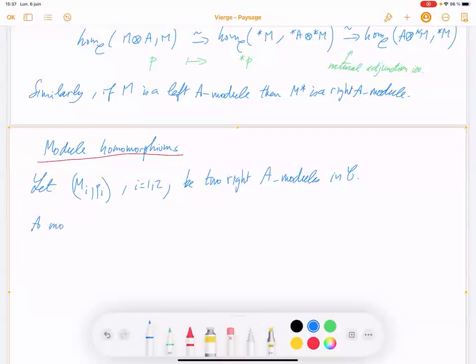A morphism alpha between M1 and M2 is called an A-module homomorphism if it satisfies the following property involving some commuting diagram.